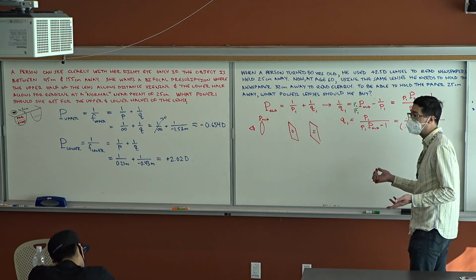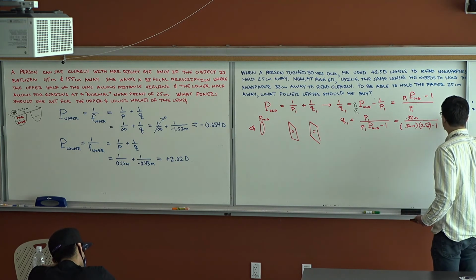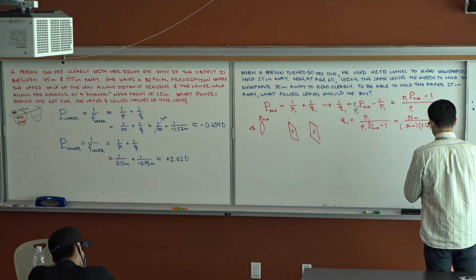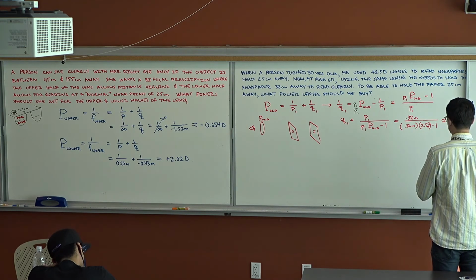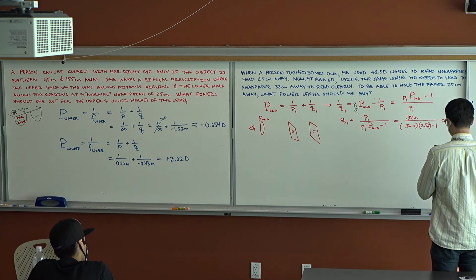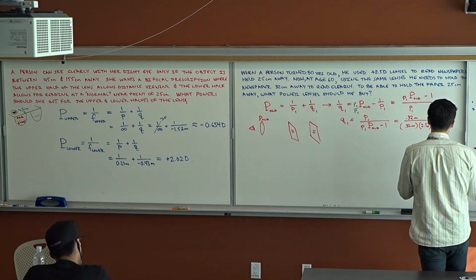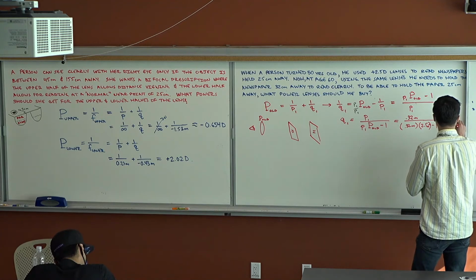A diopter is per meter, right? And this winds up being, let's see, 0.32 times 2.5 minus 1, shift 1 over x, is about minus 1.6 meters.